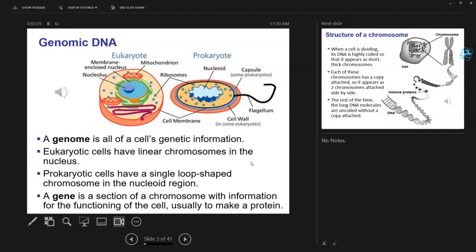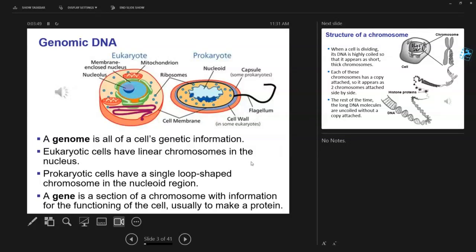Almost every type of cell in your body has the same 23 pairs of chromosomes, and each chromosome is made up of segments called genes. A gene is just a section of a chromosome with information in it. So all the information in your chromosomes is called your genome. Each person has a genome.